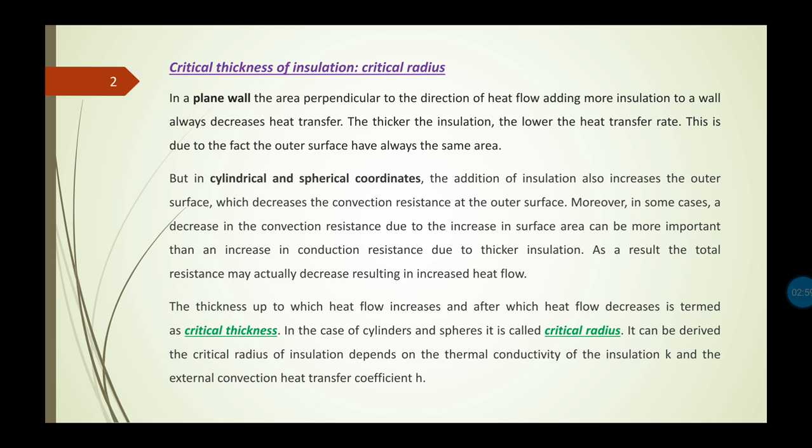Now the thickness up to which the heat flow increases and after which the heat flow decreases, this is the definition of the critical thickness. In case of the plane wall, we say the term critical thickness of insulation, but in case of the cylindrical and spherical coordinates, that means in case of the cylinder and sphere, we say that it is the critical radius.